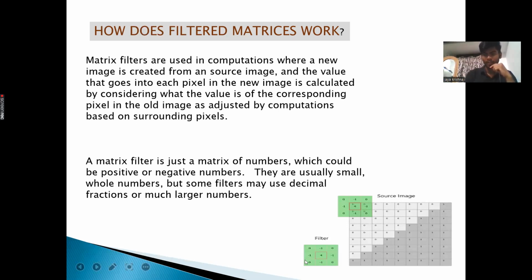We can take an example of a source image and the filter image, respectively. To the next slide.